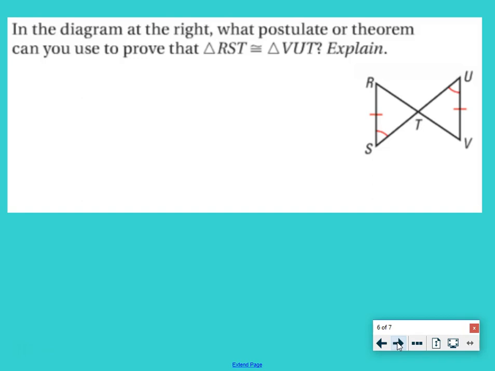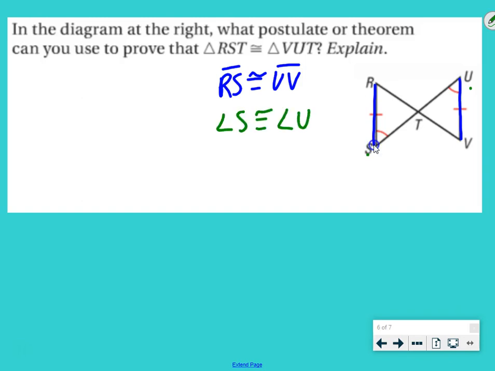In the diagram at the right, what postulate or theorem can you use to prove that triangle RST is congruent to triangle VUT? Explain. Well, we know that we have two sides that are congruent. We have two angles that are congruent, angle S and angle U. And then we can also say that these two angles are congruent by vertical angles.